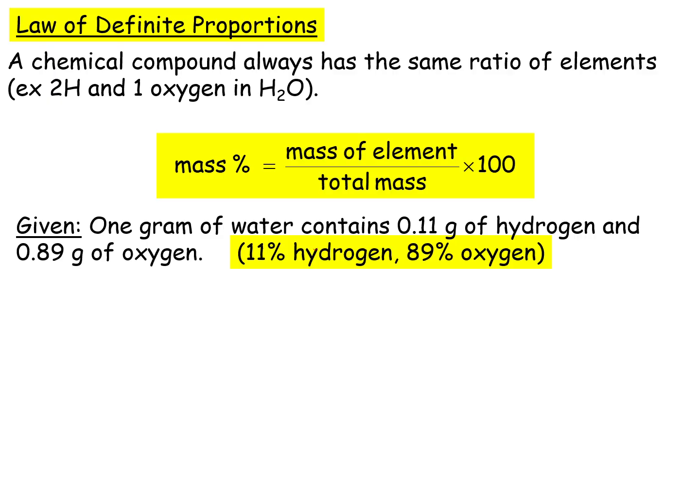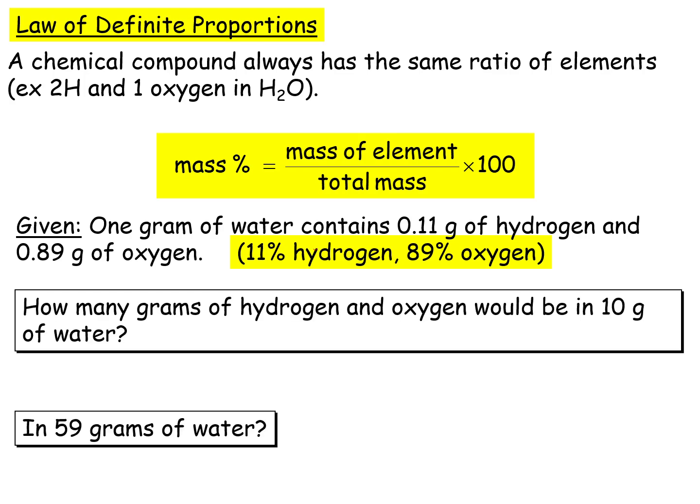You could either calculate it again, so you put 0.89 over 1 times 100, or you could just say, well, I know there's only 2 components in there, so the percentages have to add up to 100. So 100 minus 11 gives me 89% oxygen.